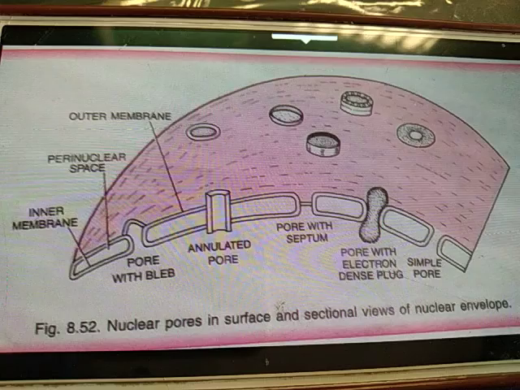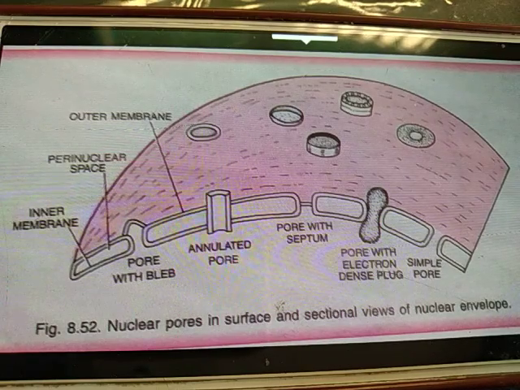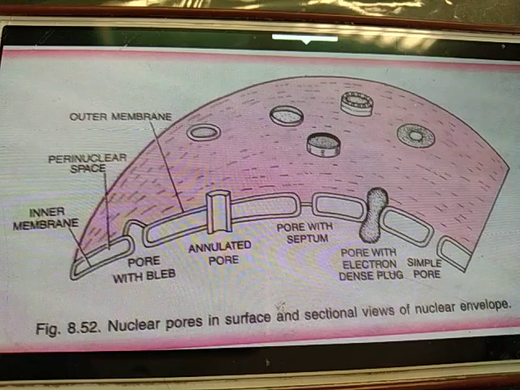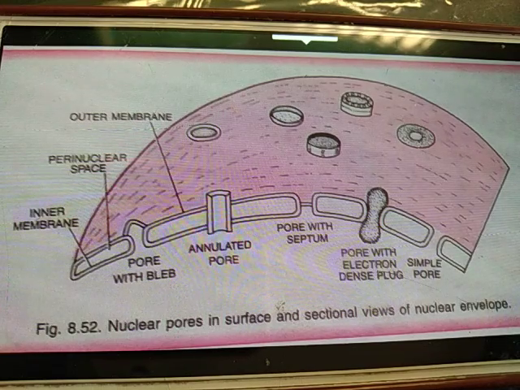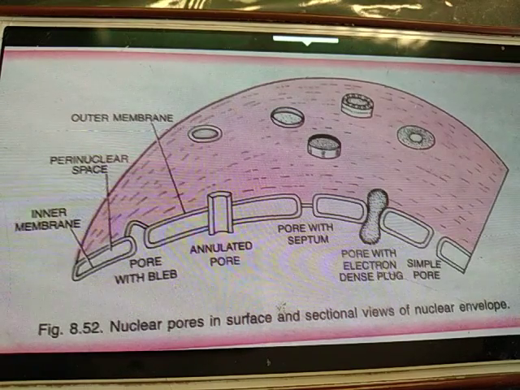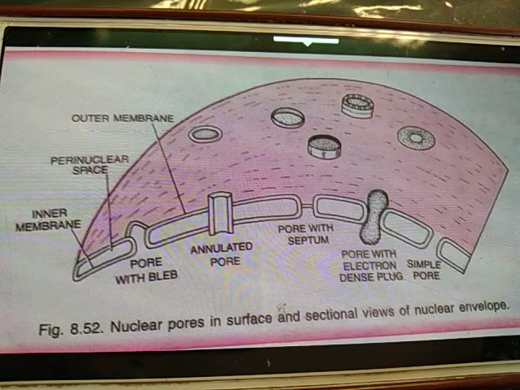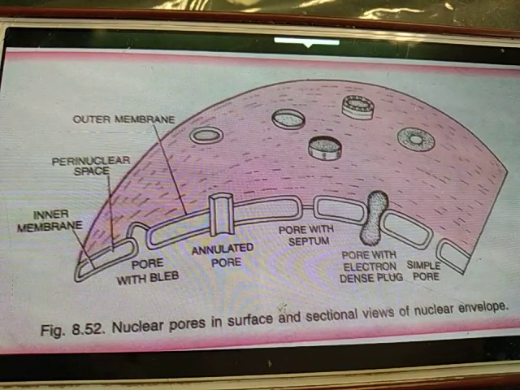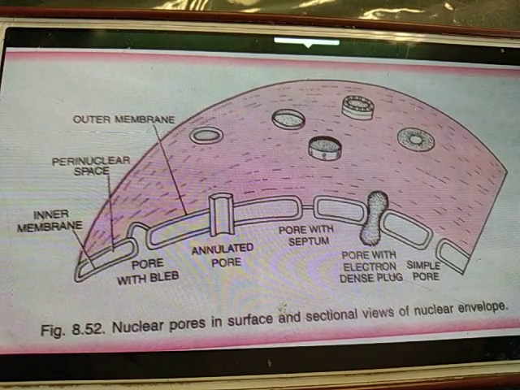The two membranes of the nuclear envelope are separated by an electron transparent perinuclear space. The space is 100 to 500 Angstrom in width. The outer membrane is often connected to the endoplasmic reticulum.